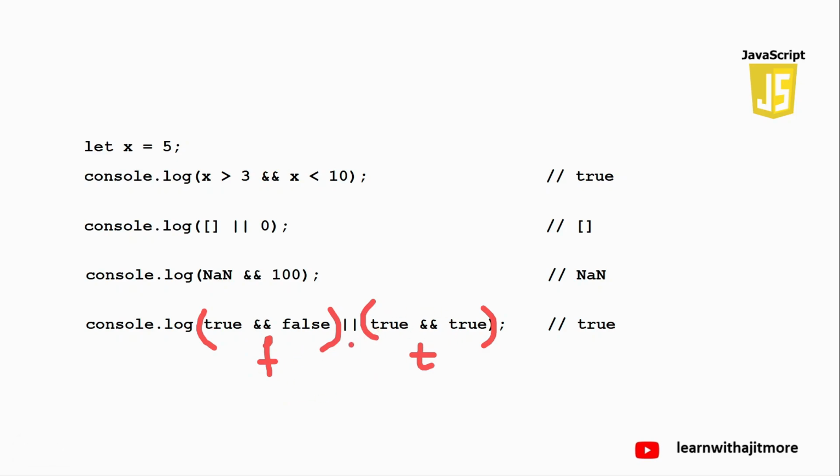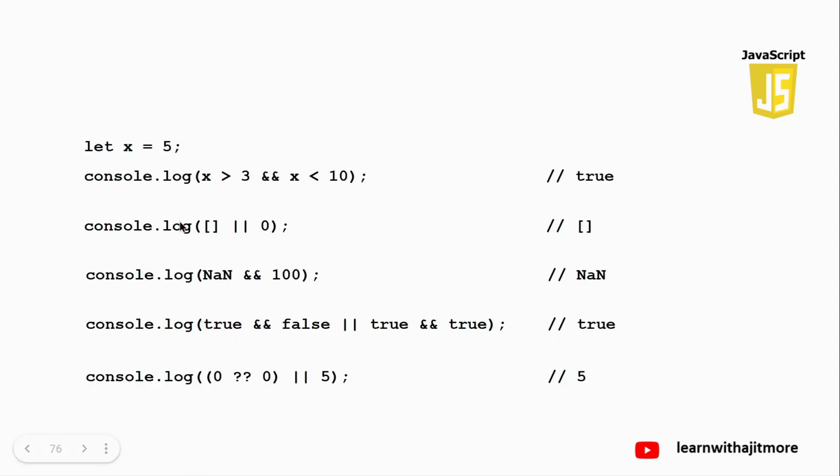Now, as it was OR, but the first bracket has come out false, therefore it has to check the second bracket. If suppose this bracket comes out to be true, it will not even check this whole bracket, because in ORing, when the first part is true, the entire result is true. So why is it coming to this bracket? Because the first bracket has come out false. Now in this bracket, both are true, therefore the final result is true.